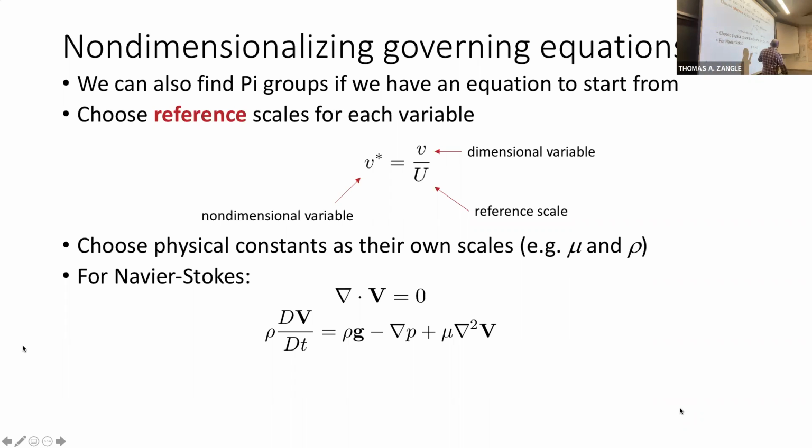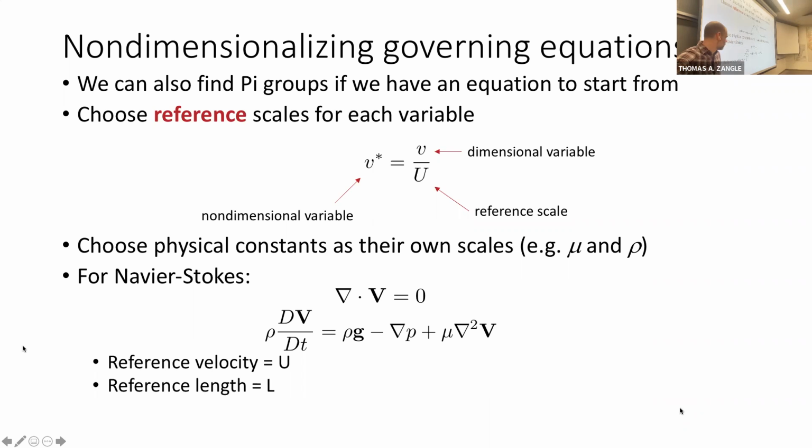All right. So one thing that I think some of the questions are getting at, and another ambiguity that comes up here, is what do we choose for that reference scale? Hold on, I'm skipping ahead on my slides. So here in Navier-Stokes, we're going to choose a reference velocity u, and we're going to have to choose some reference length L, because we have all of these derivatives with respect to length.